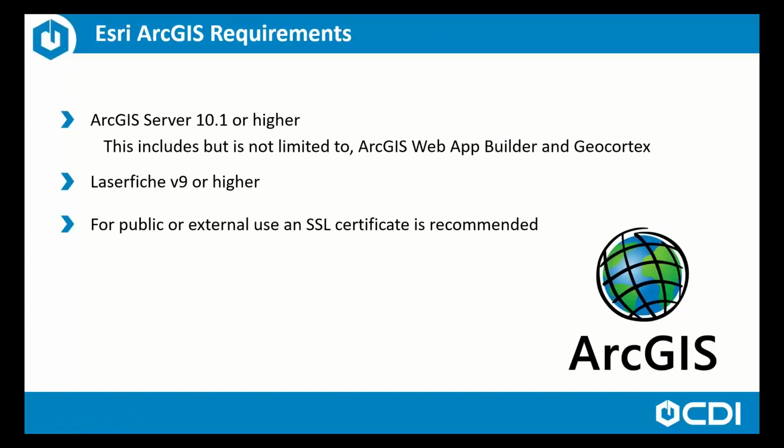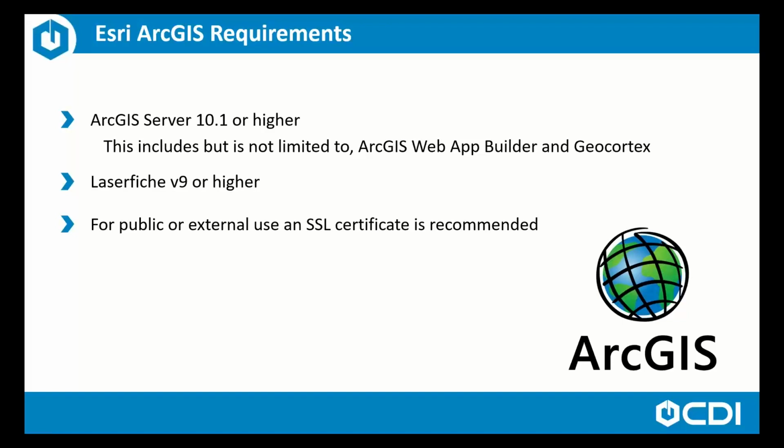The ArcGIS requirements are that you need to have ArcGIS Server 10.1 or higher. This includes, but isn't limited to, ArcGIS Web Builder and GeoCortex. Also, Laserfiche version 9 or higher. Wow, I missed that on the other slide.